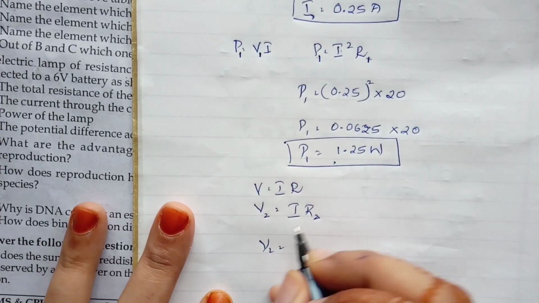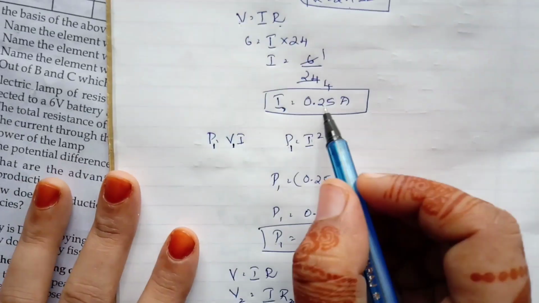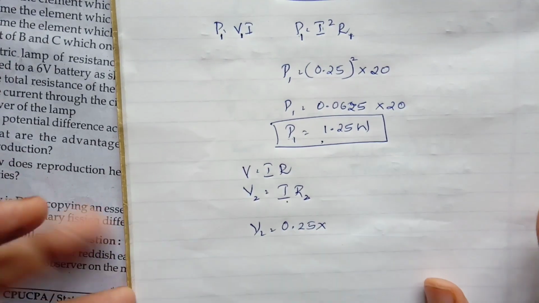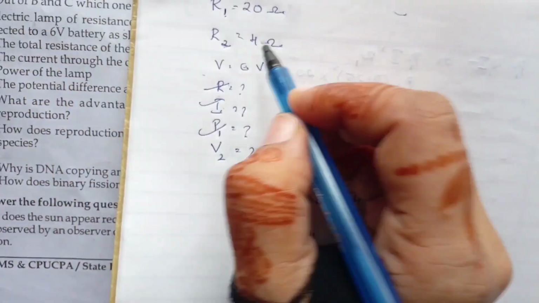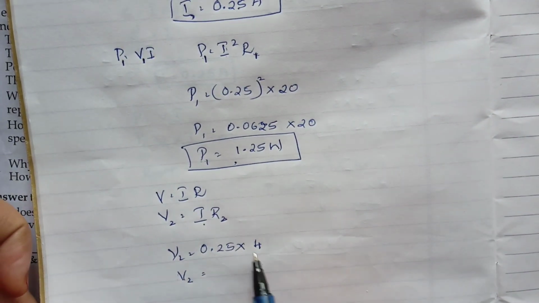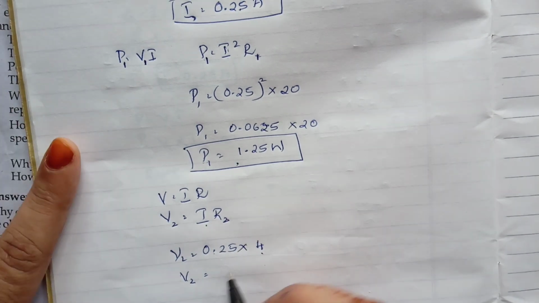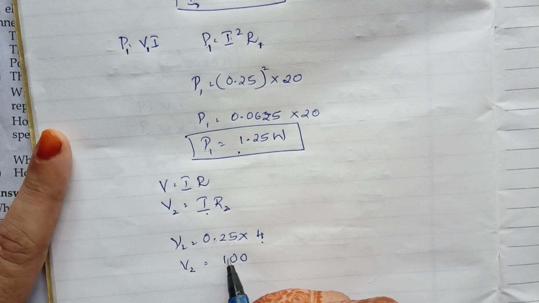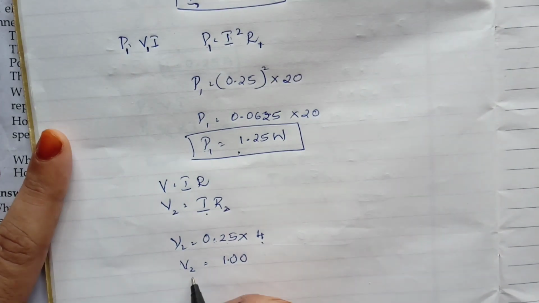So V2 is nothing but my I value, which I have already found, 0.25, into my R2, which is 4. So my V2 is going to be 0.25 into 4. 25 fours are 100, I know. After the point I have two digits, so the point goes over here. 1.00 is nothing but 1. My V2 is 1 volt.